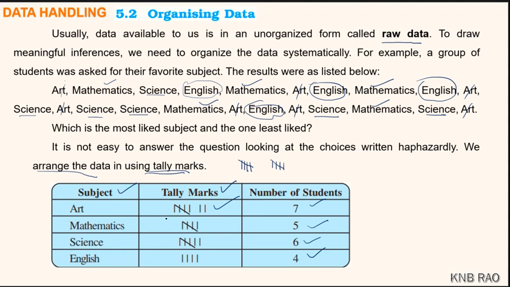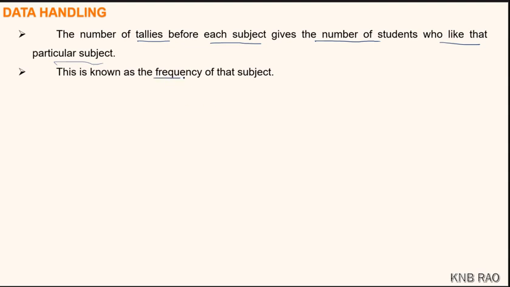Now let us look into some other examples. The number of tallies in the table before each subject gives us the number of students who like that particular subject, and this is known as frequency. Very important, frequency. So this is the frequency of that subject.